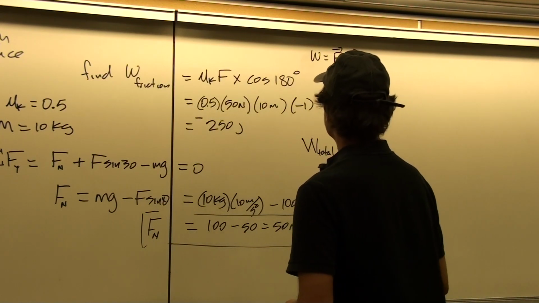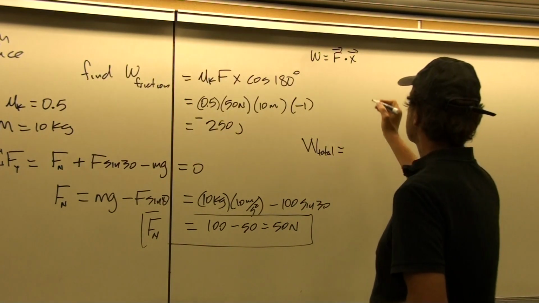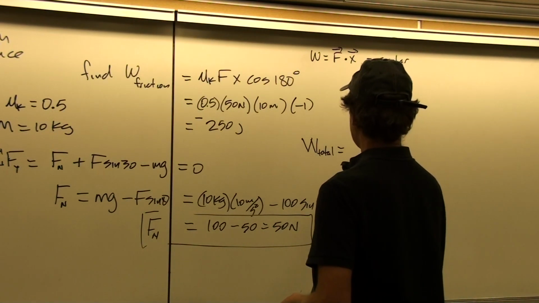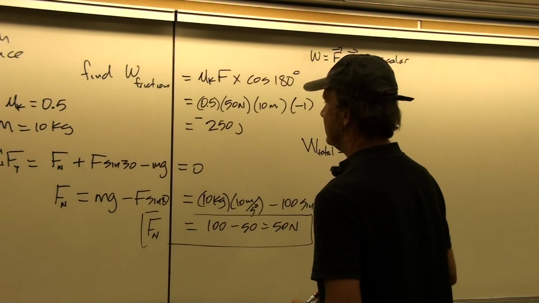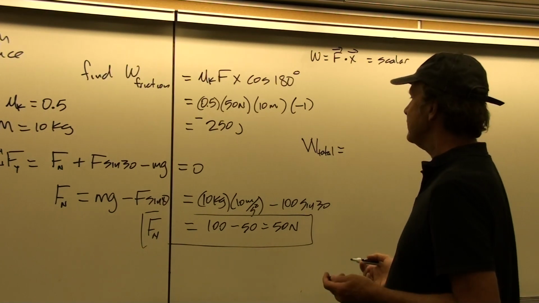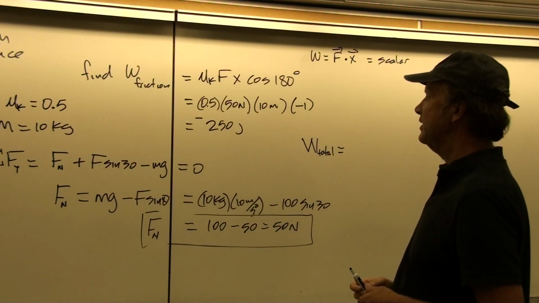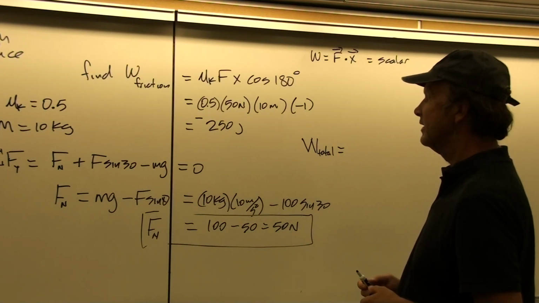The dot product of two vectors is a scalar quantity, which means we just add the individual works together. We don't take the component of a work vector because it's not a vector. Even though it's composed by the multiplication of two vectors, it's a scalar in itself.